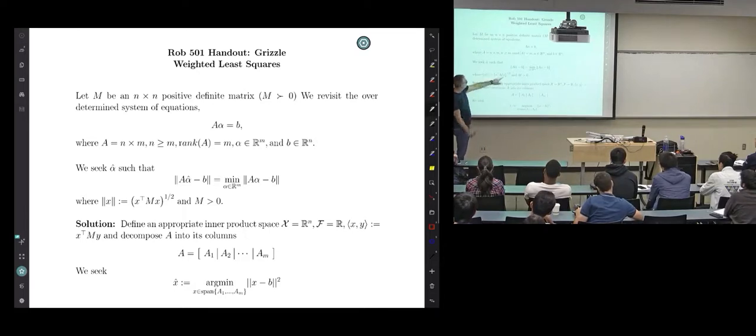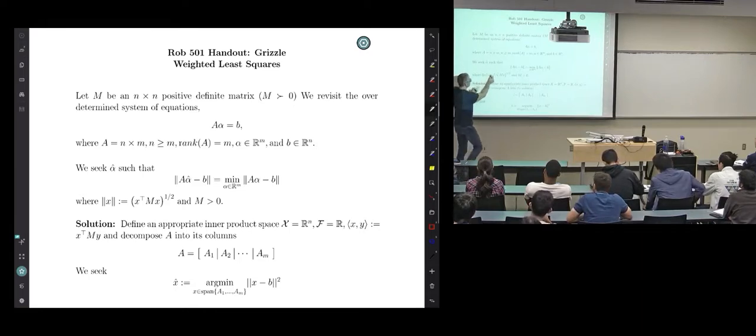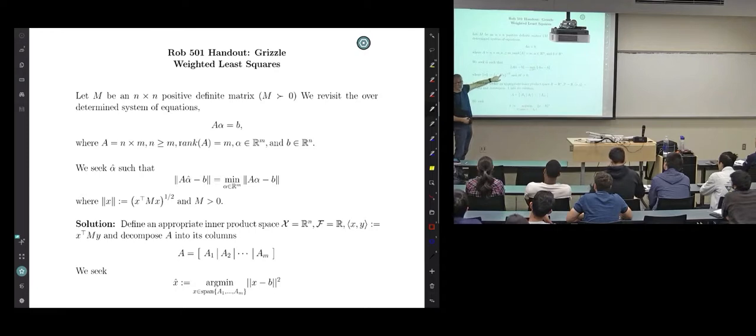What this allows me to do is, for components of X, where I'm really looking at this as an error term, where I have real certainty about my measurement, I'll make those weights big because those errors should be important, because I'm very confident in those.